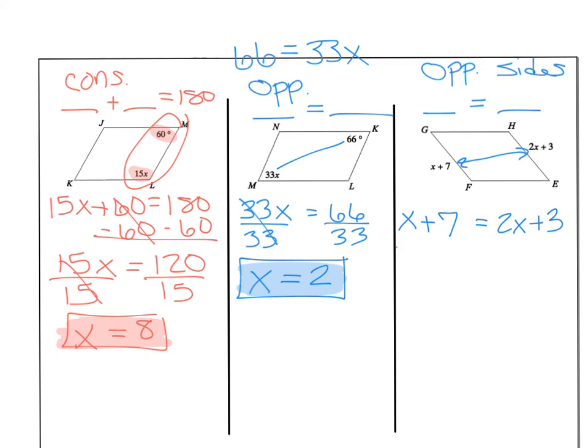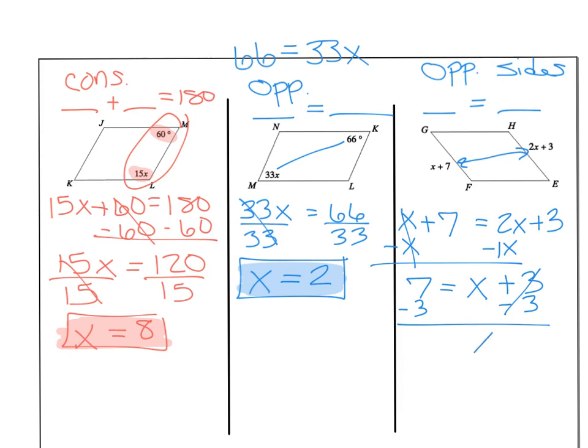Remember, it doesn't matter which side I move my x's to. I'm going to move them over to the right because that will give me a positive x to work with. So I'm going to subtract x on both sides. That leaves me with 7 equals 2x minus 1x, which is x, plus 3. Now I'm going to subtract 3 on both sides. So I get x equals 7 minus 3, which is 4.